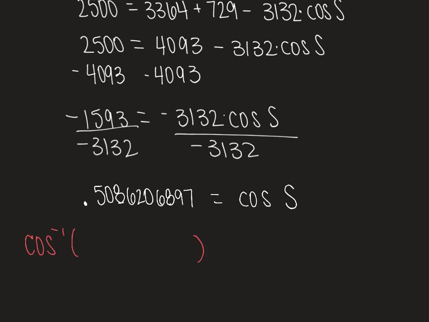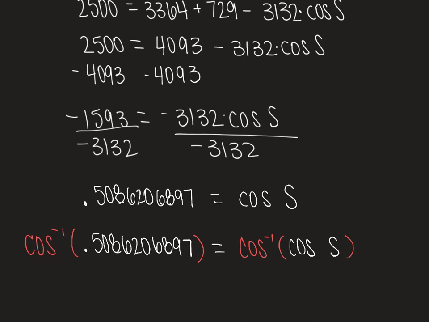And what that'll do is that's going to cancel out the cosine on your right-hand side, and it's also going to tell you what value of an angle will give you this as your cosine value. So we have cosine to the -1 of that decimal on our left-hand side equals cosine to the -1 of the cosine of S. Okay, so what you can think about, it's kind of like squaring a square root. It's going to cancel out.